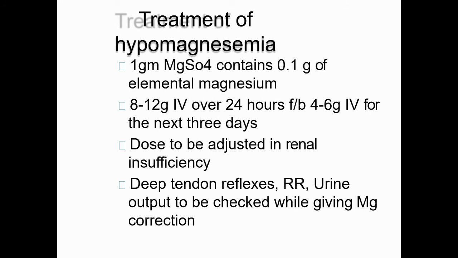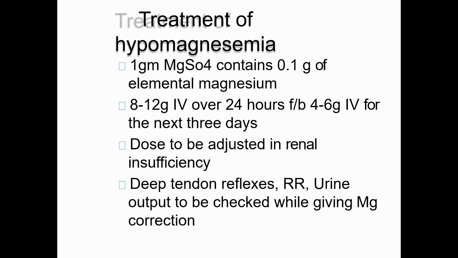Okay, what is the treatment for hypomagnesemia? 1 gram of magnesium sulfate, which contains 0.1 gram of elemental magnesium, will be given. Within the first 24 hours, 8 to 12 grams of IV will be given, and after that 4 to 6 grams of IV for the next 3 days.